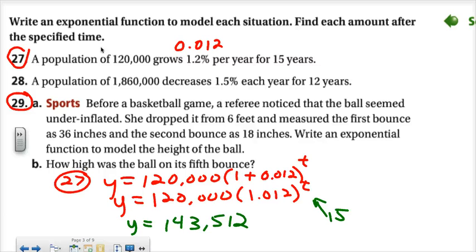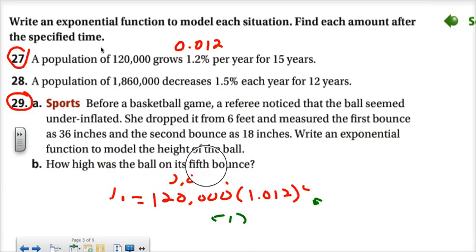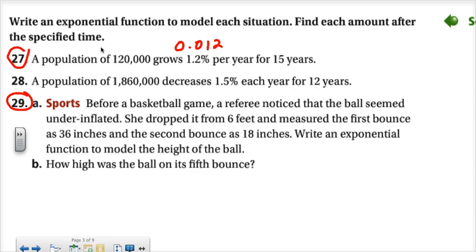Number 29 is talking about basketball. So before a basketball game, a referee noticed that the ball seemed underinflated. She dropped it from 6 feet and measured the first bounce as 36 inches and the second bounce as 18 inches, and I see a problem. Initially, they're talking about this in feet, and then they change it to inches.